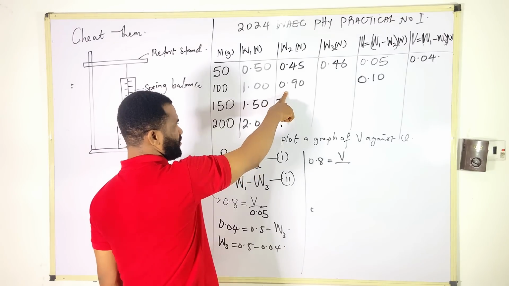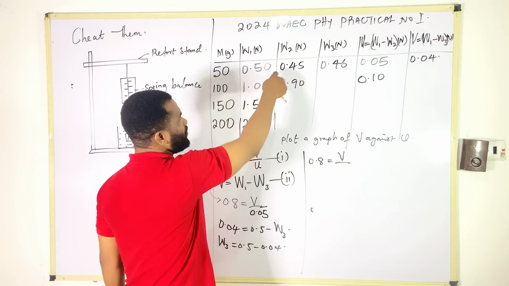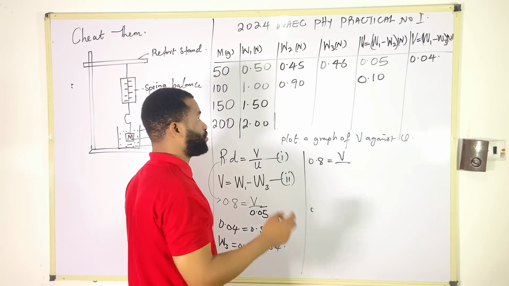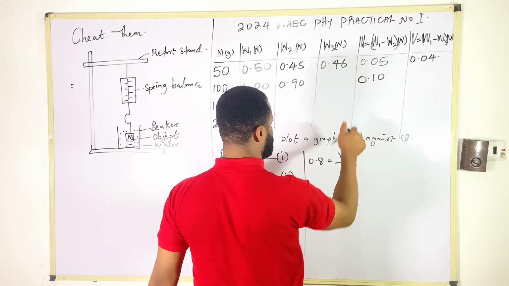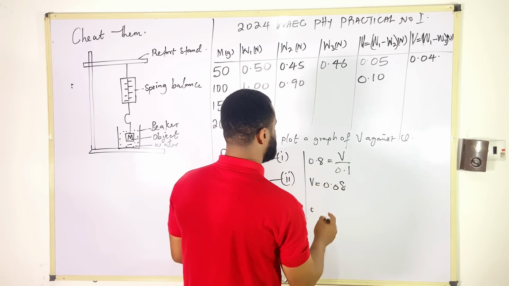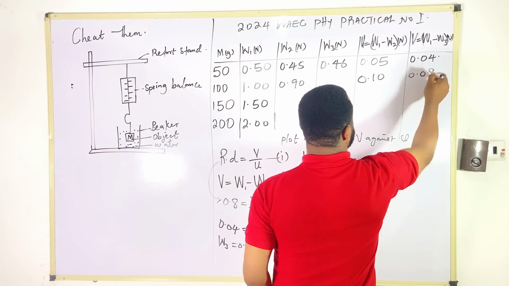I'm suspecting that if I put 100 grams inside water, I'm going to have 90 because of the upthrust. So this is my U, and if I put 0.1 here, I get 0.08, and that is my V. So I'll go here and write 0.08.